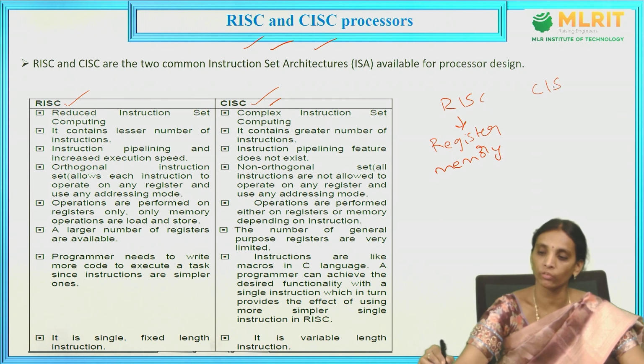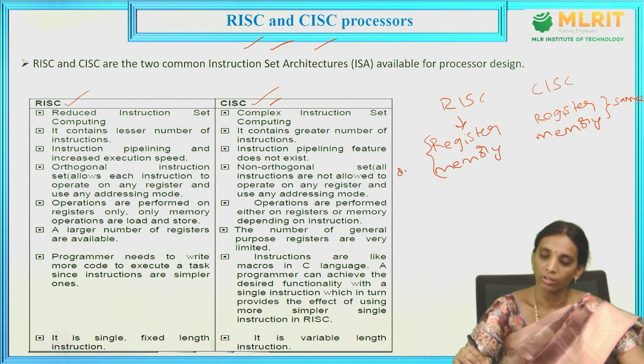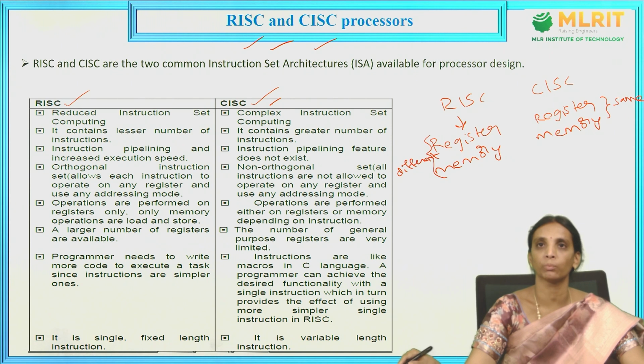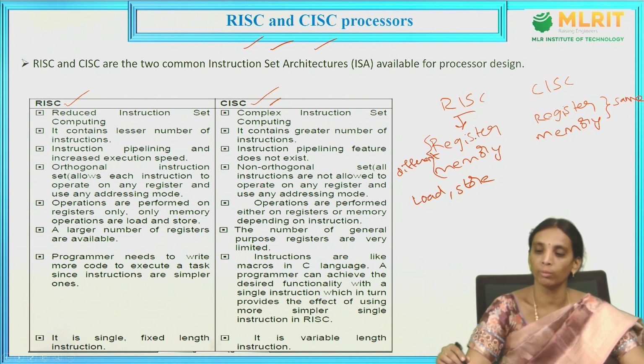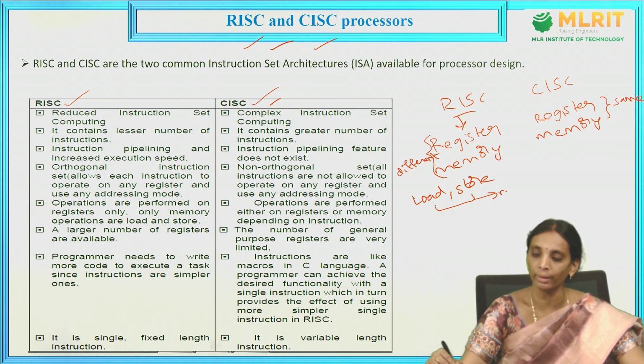But in a CISC processor, we use the same instructions for register transfer and memory transfer. So in the RISC processor, we have load and store instructions in the architecture, which are specifically used for memory operations.